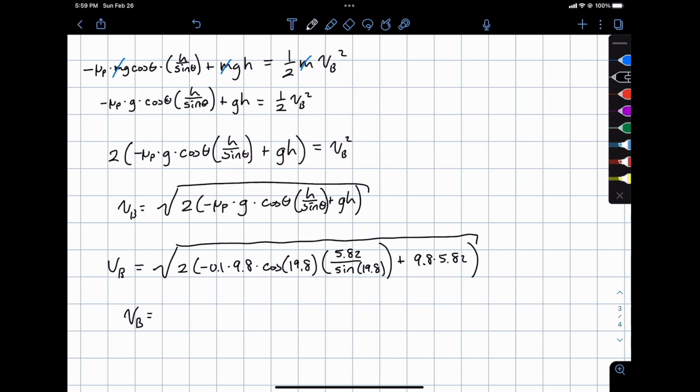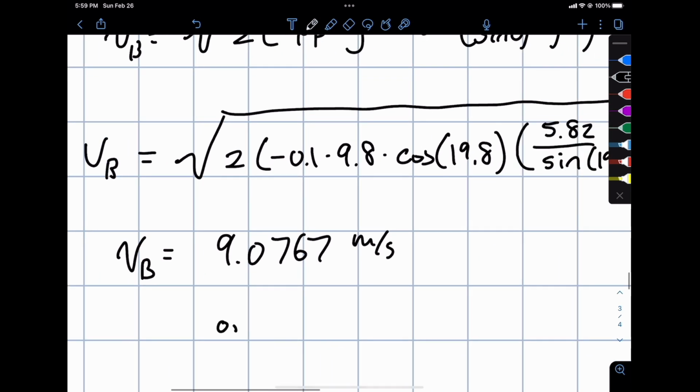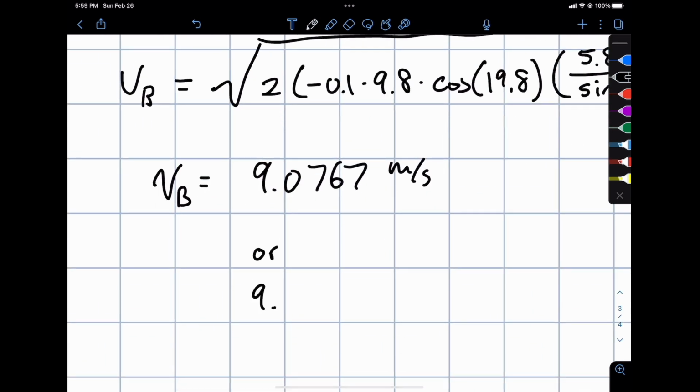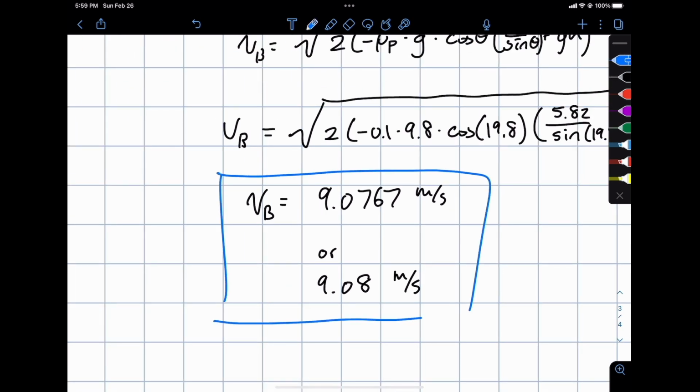And we get our velocity at point B to be 9.08. Or actually I would write it down, 9.767 meters per second. Or you can round this up to 9.08 meters per second. That is it. Right.